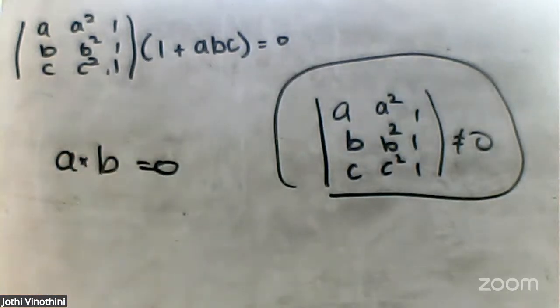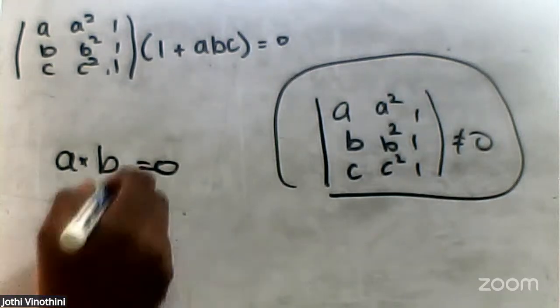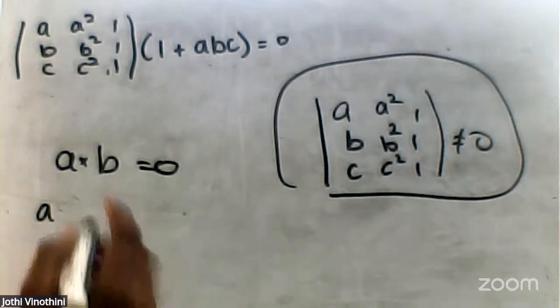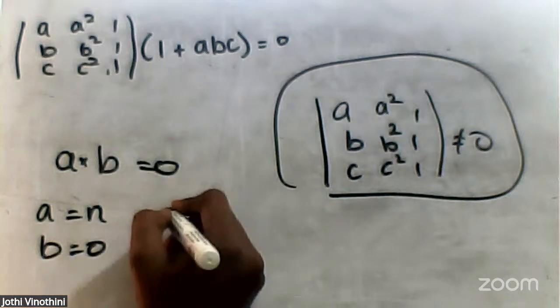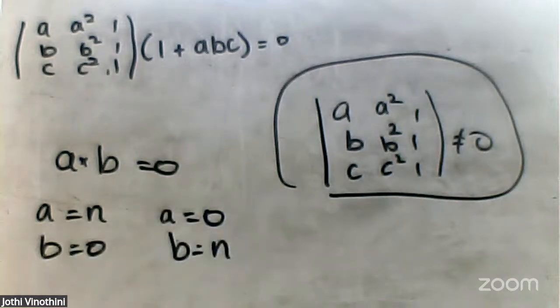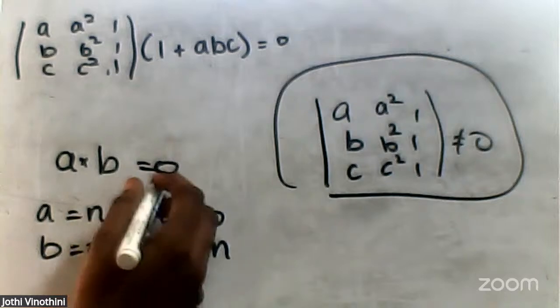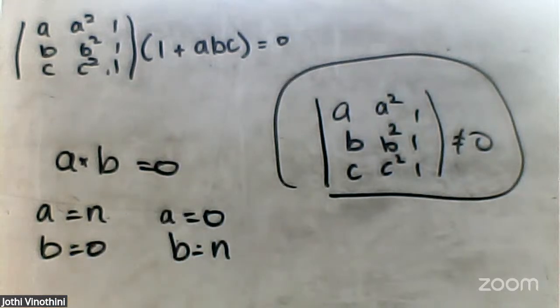So we are going to multiply two elements A and B, right? So to get 0, there must be two possibilities. A must be some element and B equals 0, or else A equals 0 and B must be some element. Okay? So only then we can conclude the final answer will be 0. See, anything multiplied by 0 is 0.